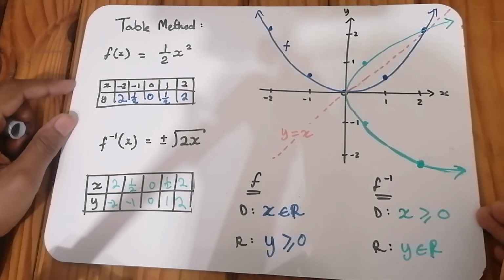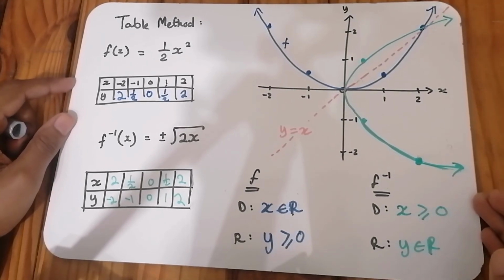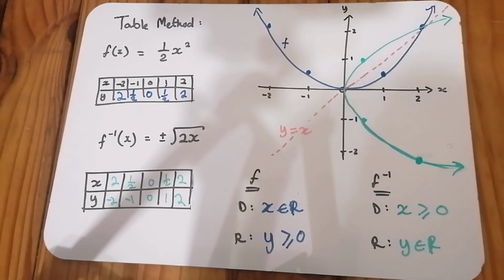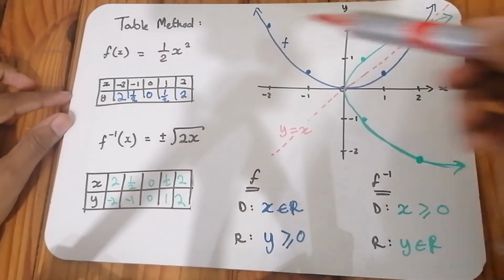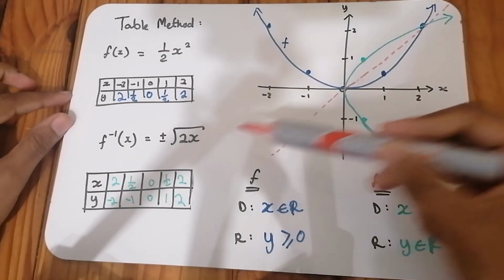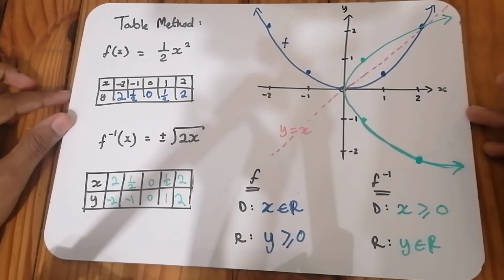Now, I've been calling them both functions, but that is actually a mistake by me, because only one of them is classified as a function. The other is only classified as a relation. The parabola is a function, but the inverse of a parabola is just called a relation.